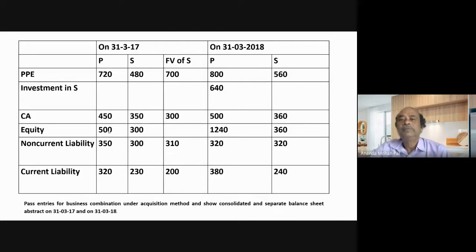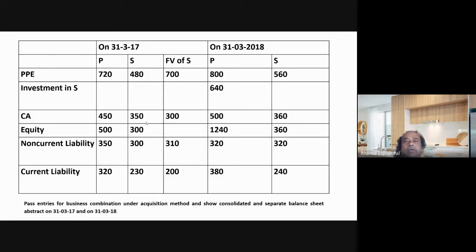That you have to take into account because post-acquisition profits should be considered for consolidation. And equity means equity share capital and other equity taken together. That figures are given. Non-current liability, again you see that there is increase. If there is increase in non-current liability, then again it is revaluation loss.